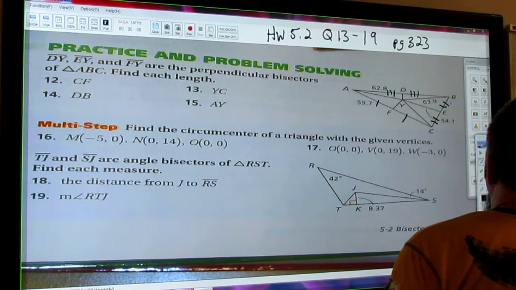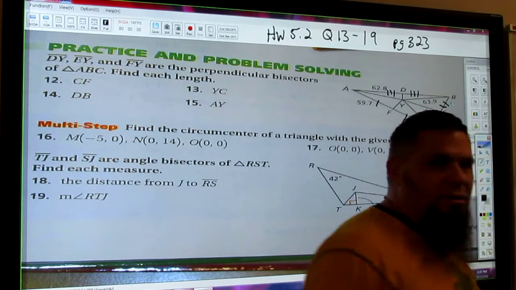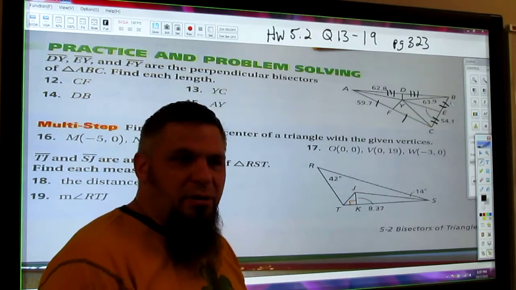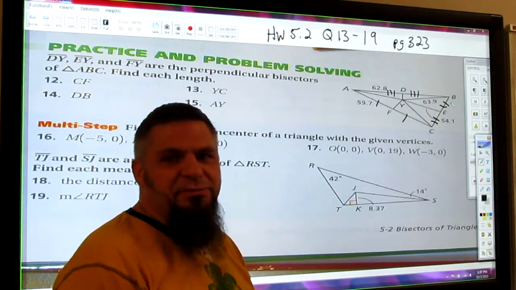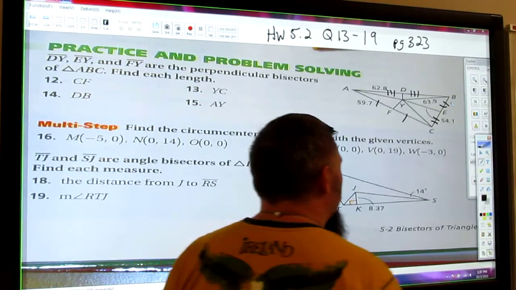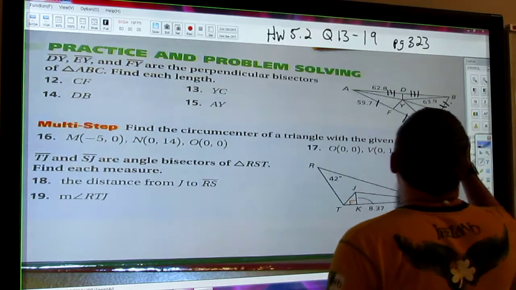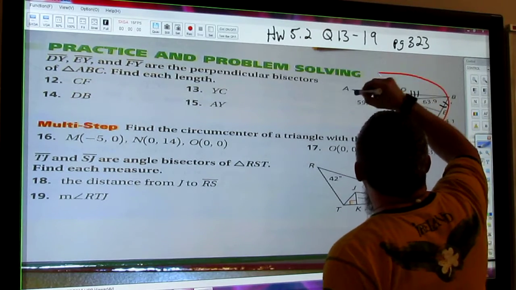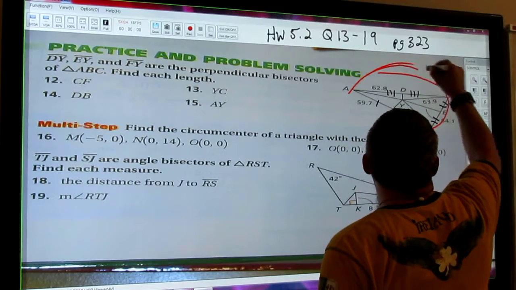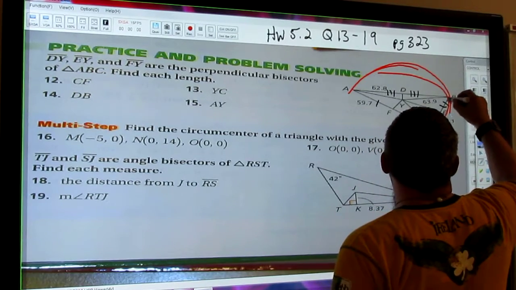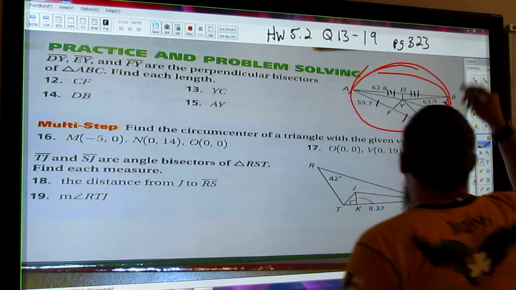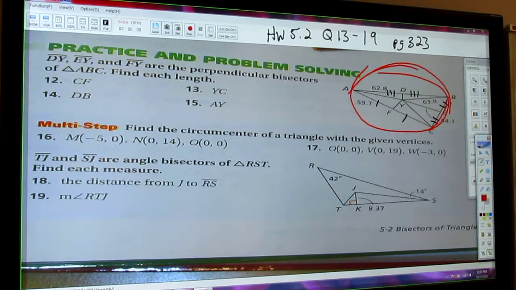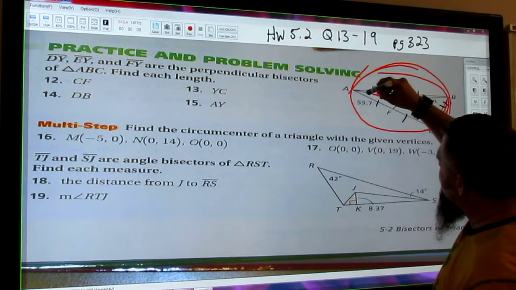Oh, this is the circumcenter, right? Perpendicular bisectors create a circumcenter, which means that this is a circle. Doesn't look like a circle, but it's a circle with your radius right here.